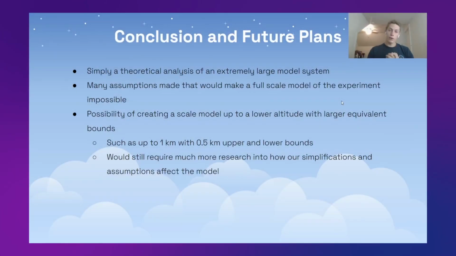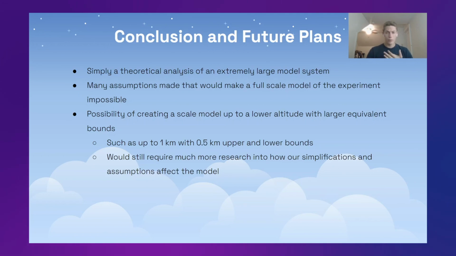Okay, great. So in conclusion, and with any future plans, obviously this was a theoretical analysis of an extremely large model system. Many assumptions and simplifications, some of which were listed before, would make a full-scale model of the experiment completely obsolete and impossible.